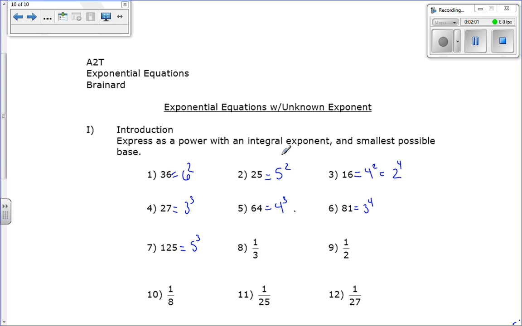Now I said integral exponent. That could also mean a negative exponent, just not a fraction. If I have 1/3, I could rewrite it as 3 to the negative 1.